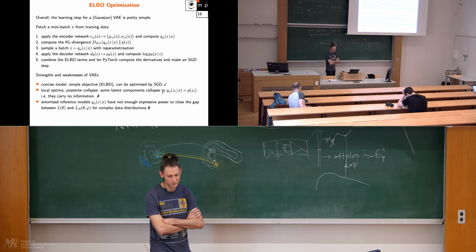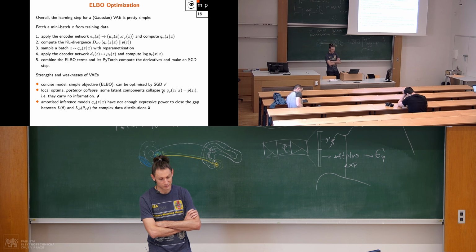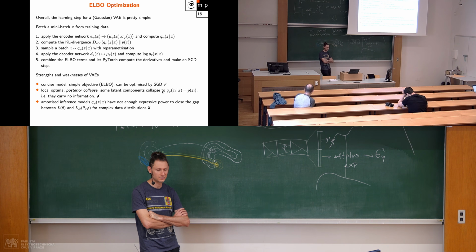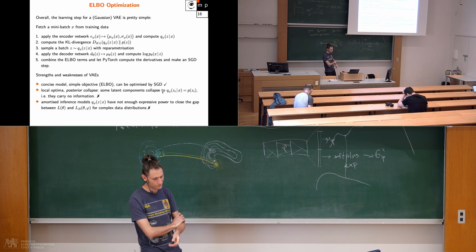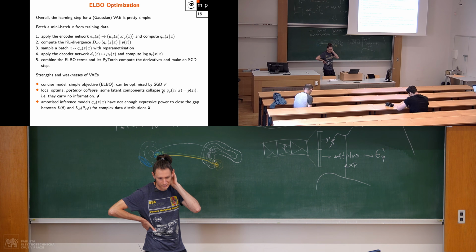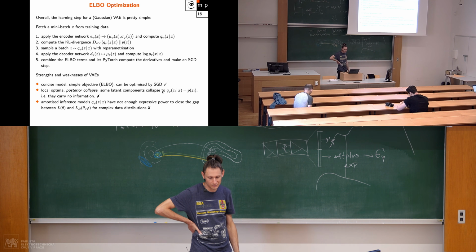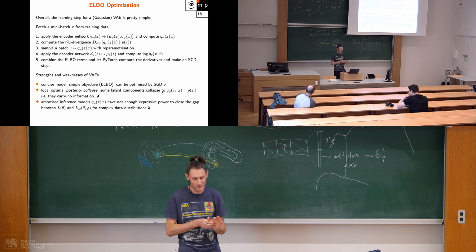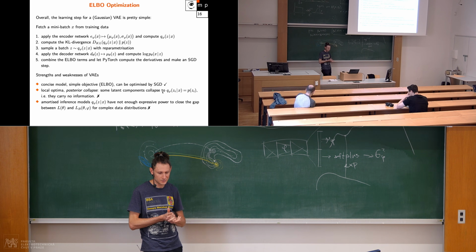On the other hand, it also tends to occur as a kind of local optimum, such that many more dimensions are collapsed than would be best to represent the data. And for that, maybe some care needs to be taken in how the encoder and decoder are initialized, or in balancing the learning rate of the encoder versus the decoder, such that this doesn't happen.